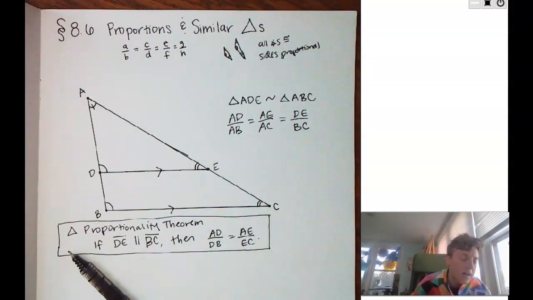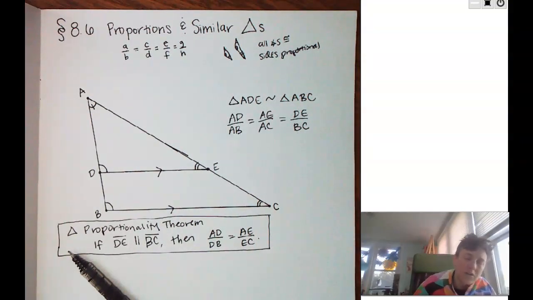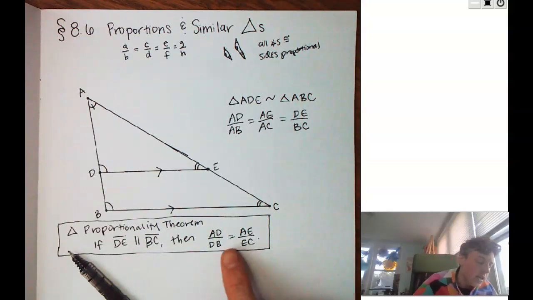There's some not so fancy algebra that takes you from this step to this step, which you are certainly welcome to do. You can also take it on face value. I promise it's true that AD over DB equals AE over EC.